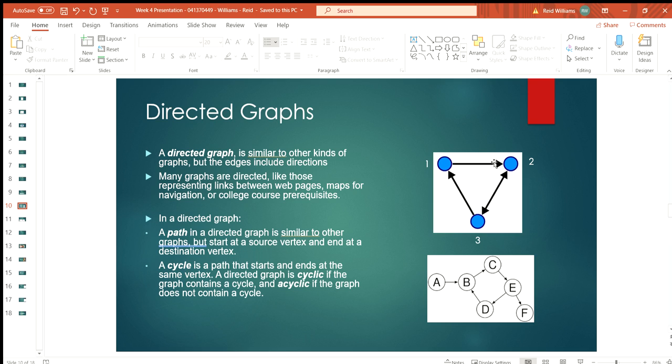Another interesting and important concept with directed graphs is that they can have cycles, meaning a path that starts and ends at the same vertex. A directed graph is cyclic if the graph contains a cycle, and acyclic if the graph does not contain a cycle. An important point is that the graph itself doesn't have to be a cycle to be cyclic.